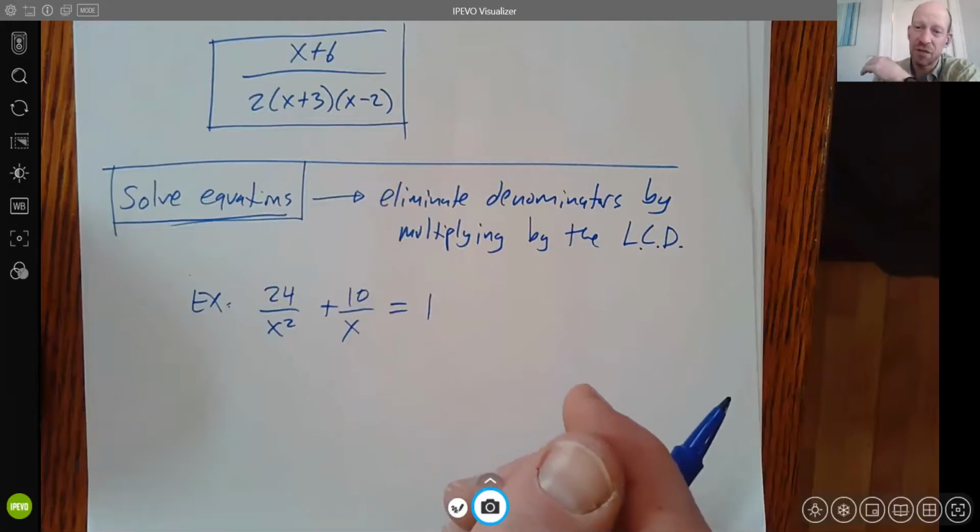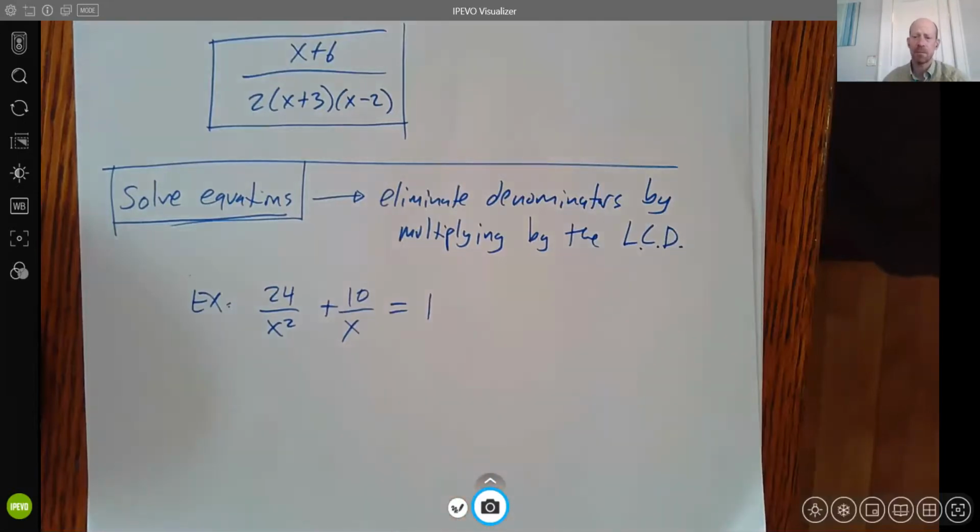So it's kind of a simpler version. There's no binomial pieces. There's just the x squared and the x. But it is a rational equation, right?